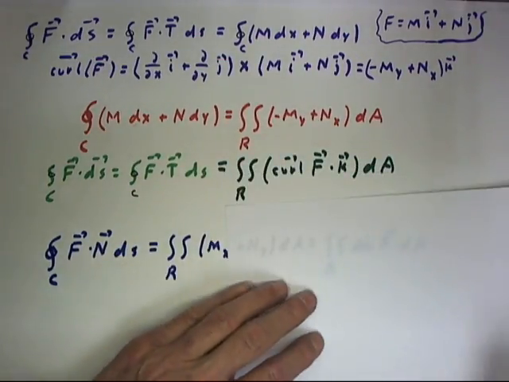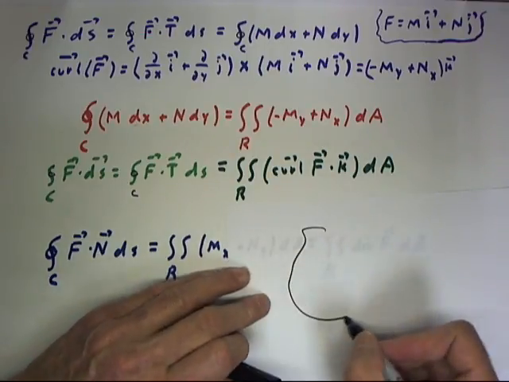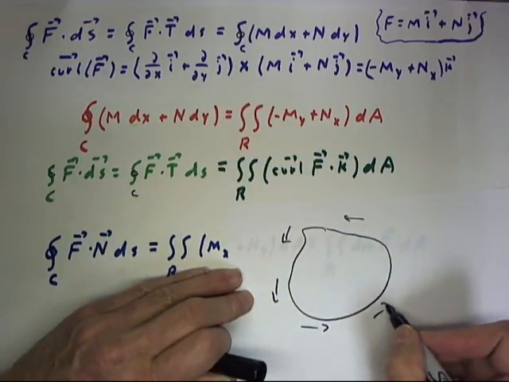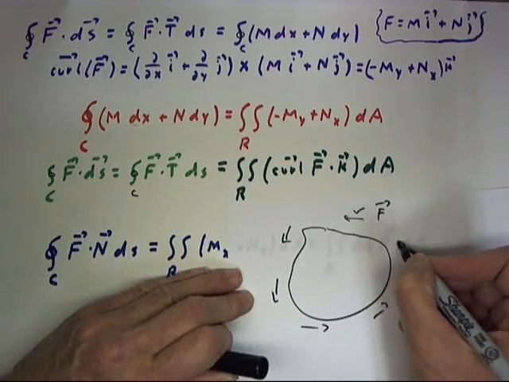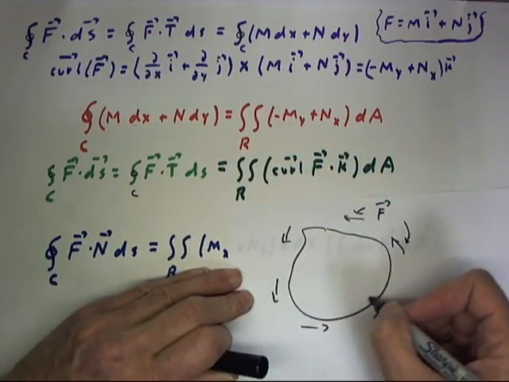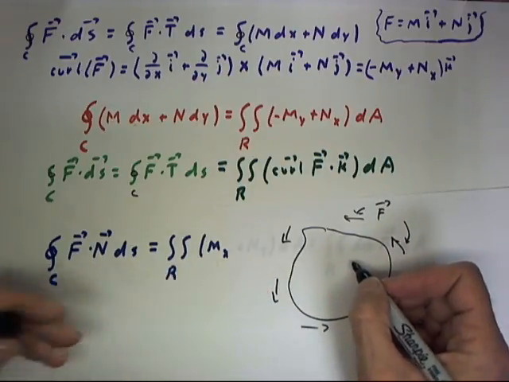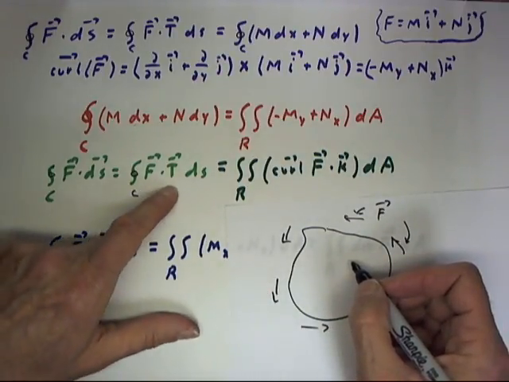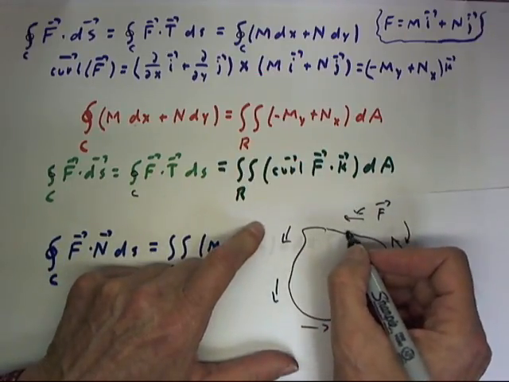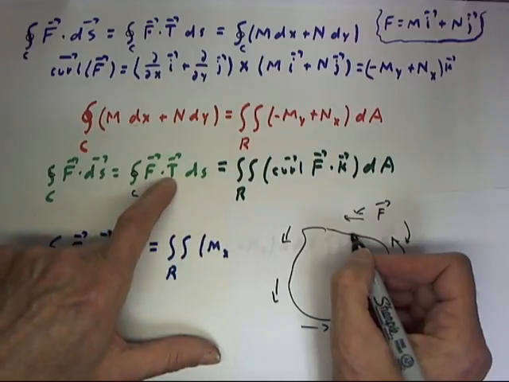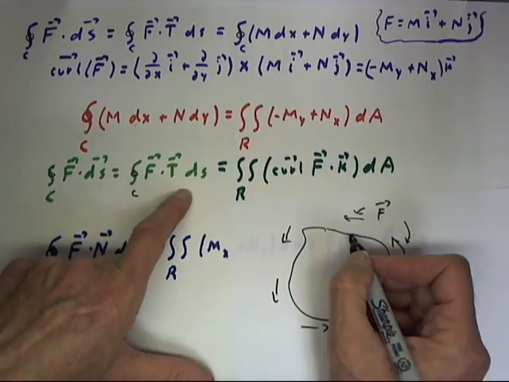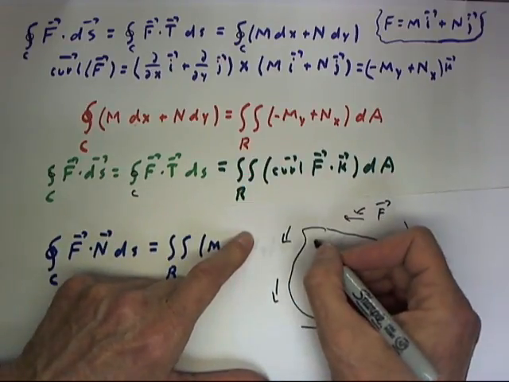And this makes a certain intuitive sense. If we have a region where the vector field circulates in the direction around the curve, then in the integral of F dot T around the curve, the vector is going to be close to the direction of the tangent vector, so this is always going to be a positive quantity, and we're going to accumulate a positive integral as we go around the curve.